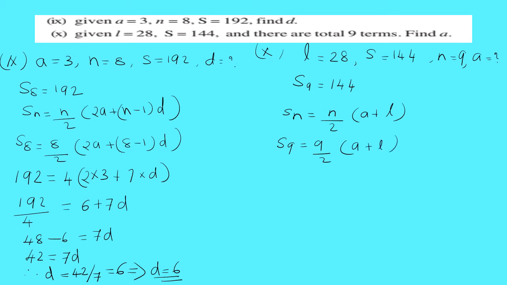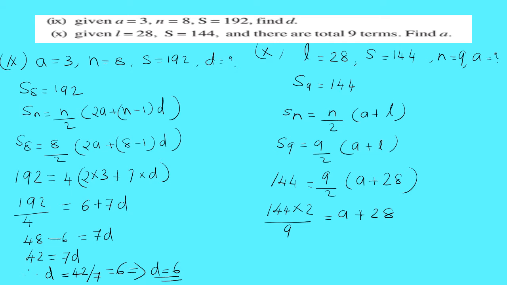That is 144 equal to 9 upon 2 multiply by a plus last term is 28. Now do the cross multiplication, that is 144 multiply by 2 and divide by 9 equal to a plus 28.